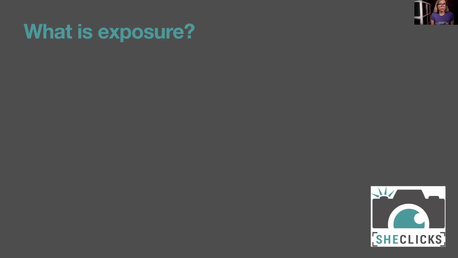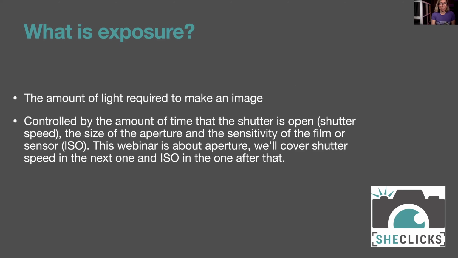So what is exposure? We touched on this, well, the whole of the last webinar was about this, but I'm just going to summarize it as the amount of light that's required to take an image. We sometimes think of it as the brightness of an image. We look at it and say, oh, that's overexposed or that's underexposed. But actually in these webinars, we're really talking about the amount of light that you actually need to make an image on the sensor or the film in your camera.